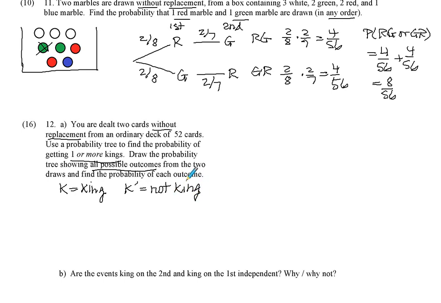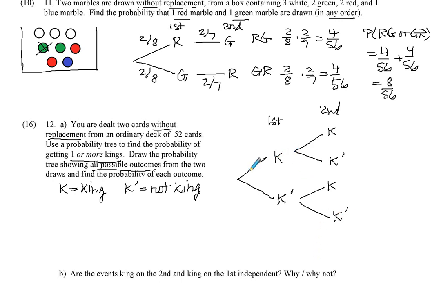So on our first draw here, we could either get a king or something else, not a king. And if we draw a king first, we could either get a king on the second draw or not a king. So this is second draw. And then if we don't get a king on the first draw, we could get a king on the second or not.